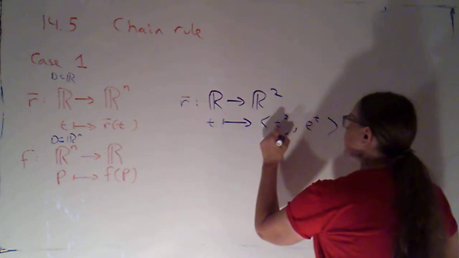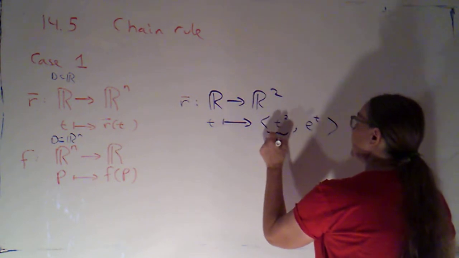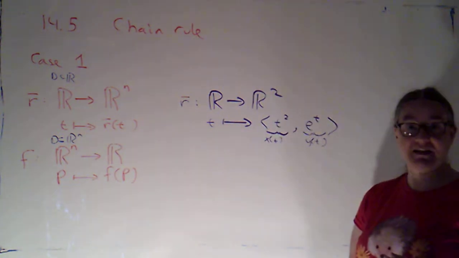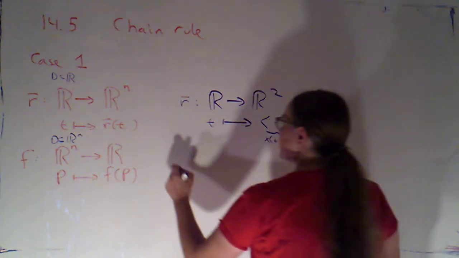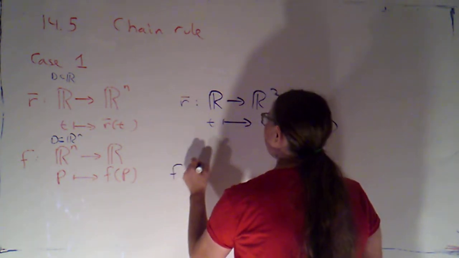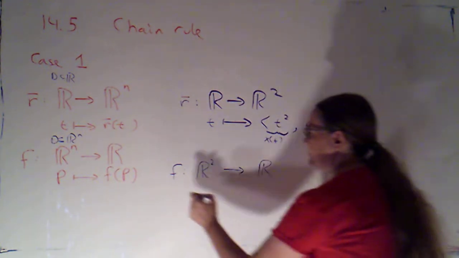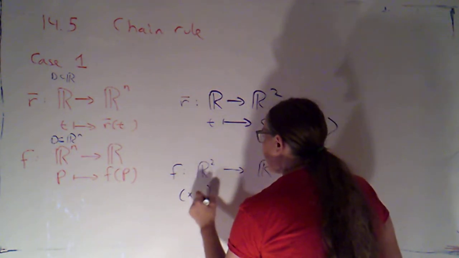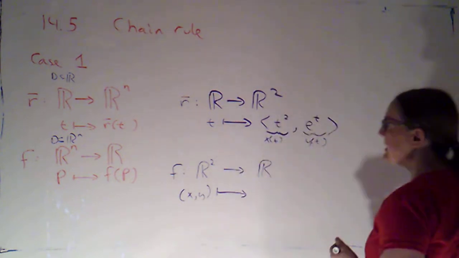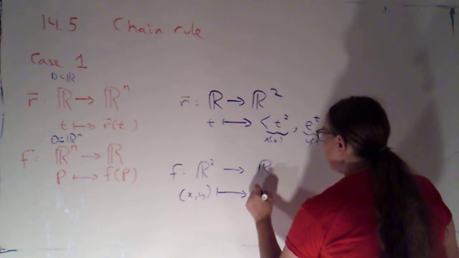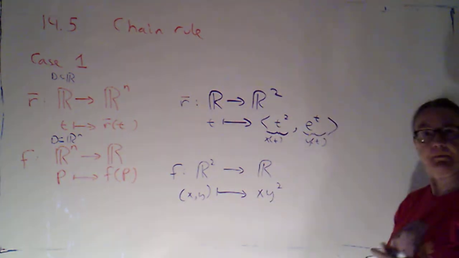That, of course, is giving me x as a function of t and y as a function of t. And then let's suppose that f was mapping from 2 space to the real numbers, and it was taking a point (x, y), and it was mapping it to x y squared.